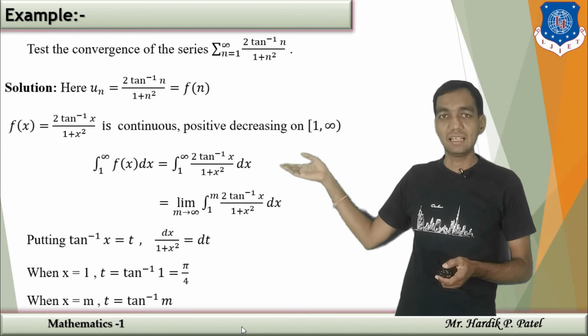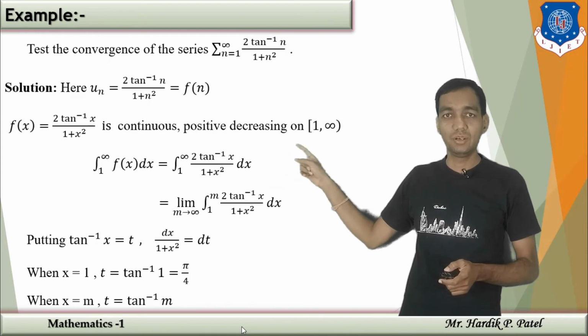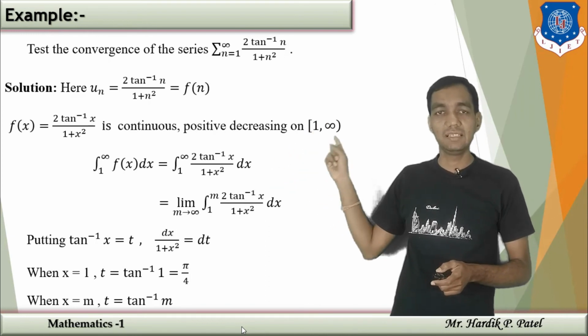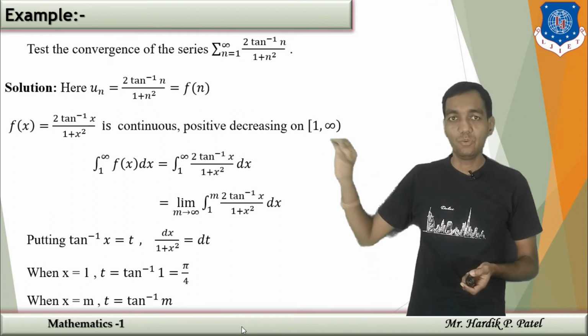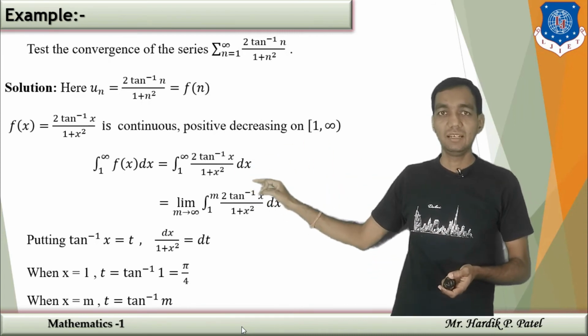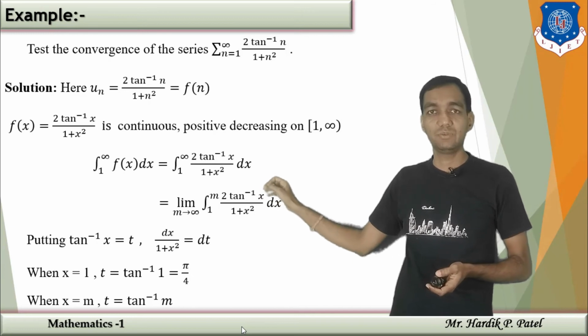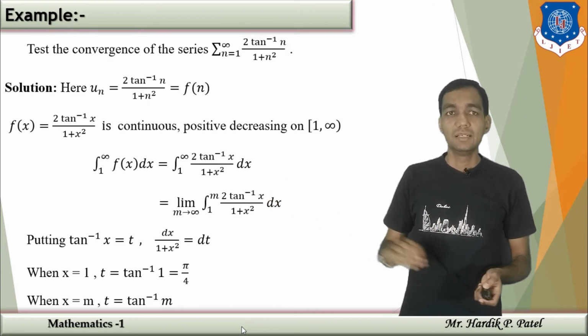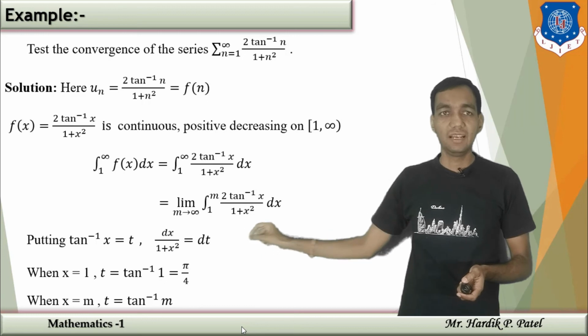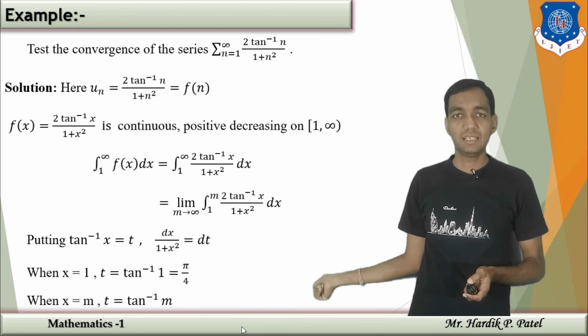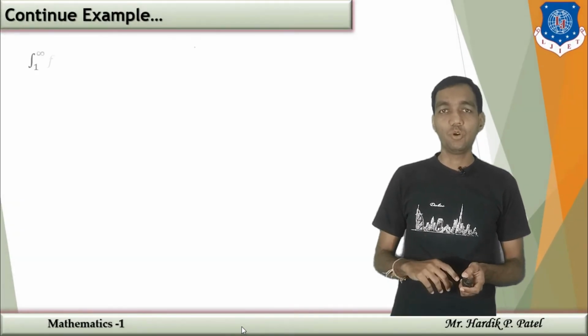Putting tan inverse x equal to t, that will give dx upon 1 plus x square equal to dt. Now when x is 1, then t is tan inverse 1, and tan inverse 1 is nothing but pi by 4. In the same manner, when x is m, then t is equal to tan inverse m.